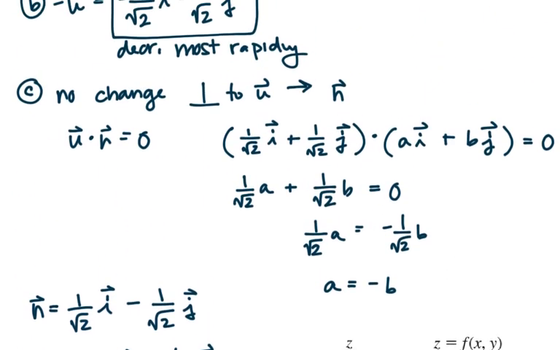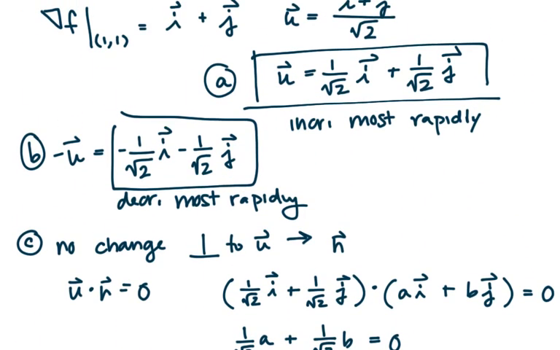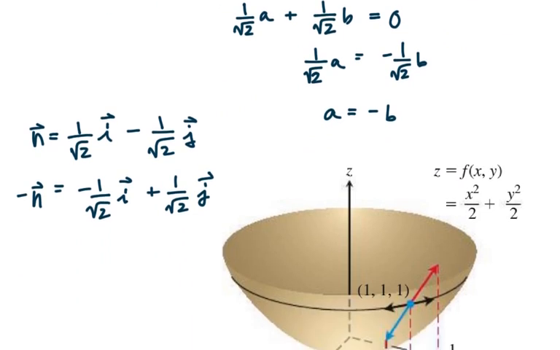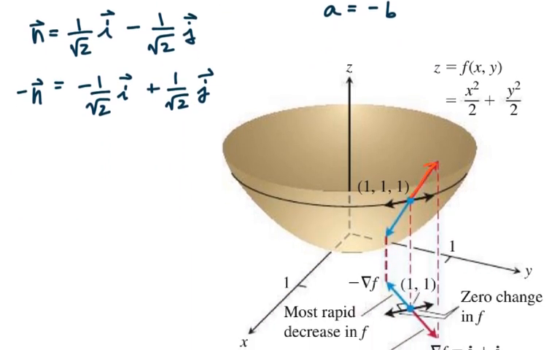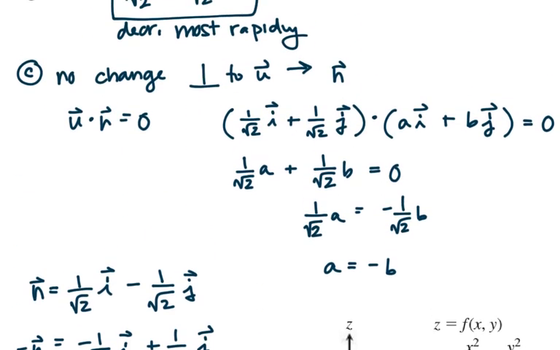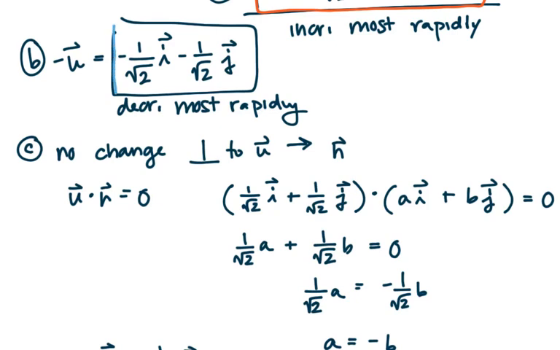The red vector drawn on that picture is what we found with that u up here. And my negative u, this is where it's decreasing most rapidly. That's what we found with negative u.